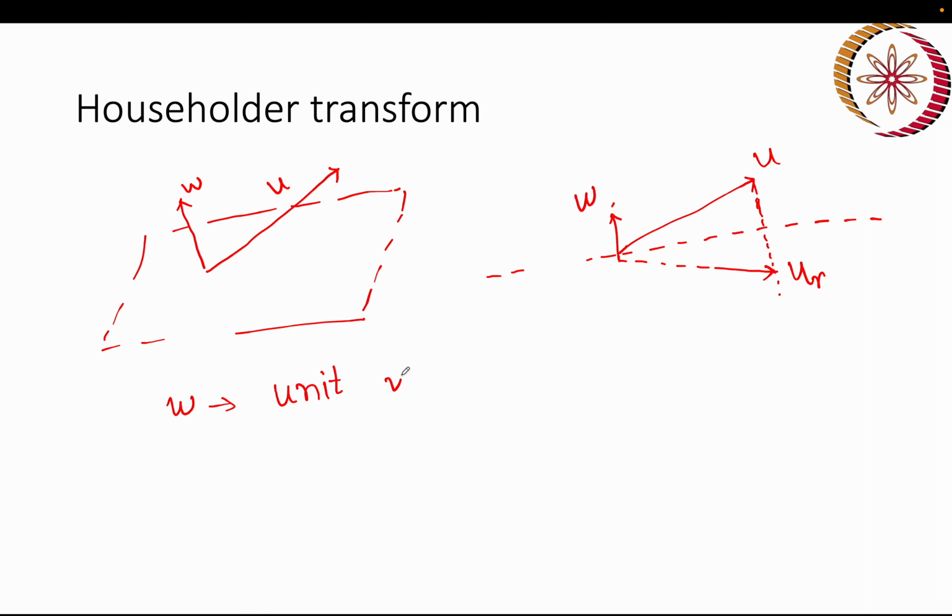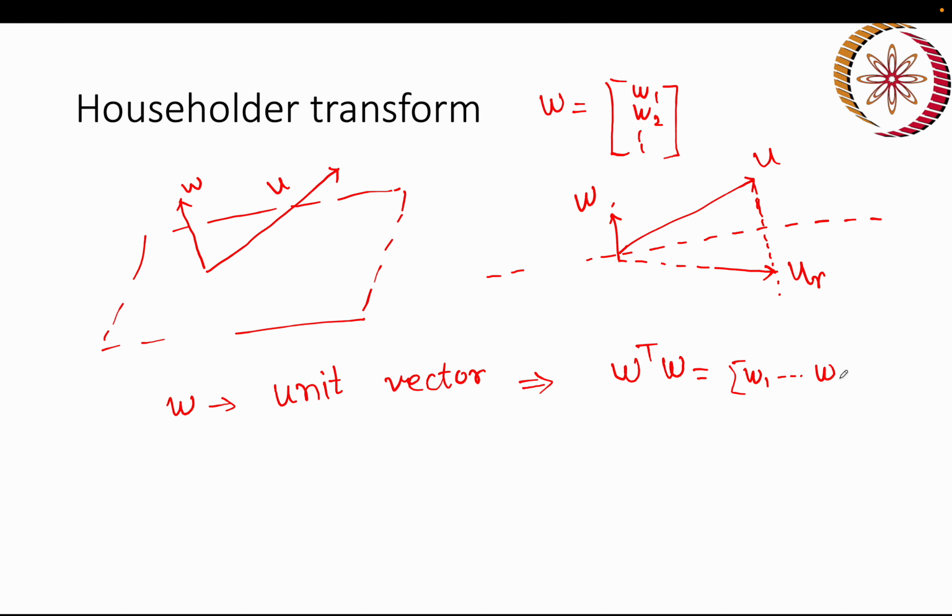What it means is that the vector in general will be written like this, w1, w2, up to wn. So if we take w transpose w and do this multiplication, we get the square root of w1 square plus w2 square, and so on. That will be 1, because it is a unit vector.